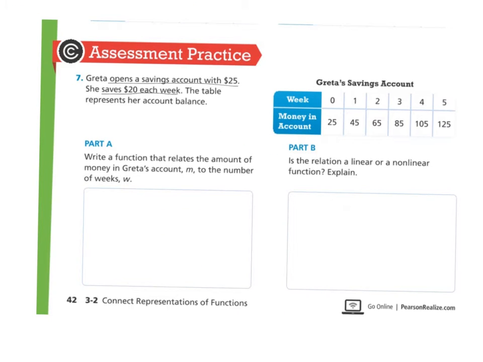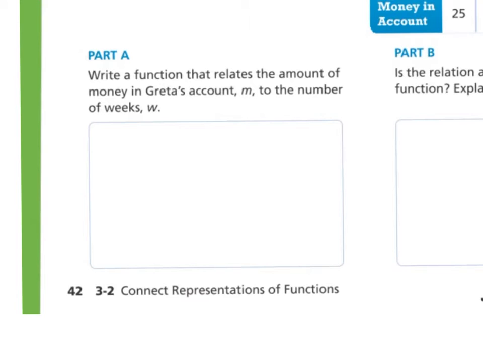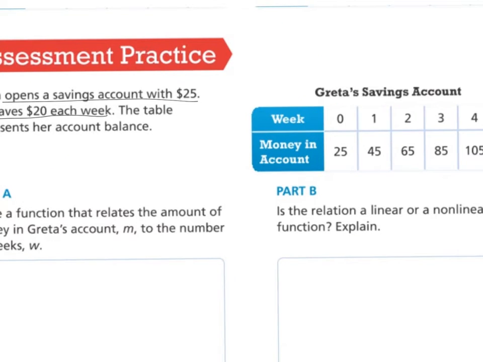Okay, so part A, they want us to write a function. If you look at your chart here, it doesn't always have to be like this, but usually if they've got it horizontal, what's on top is like your x and what's on bottom is like your y. So what's the y is what we want to see a change in.